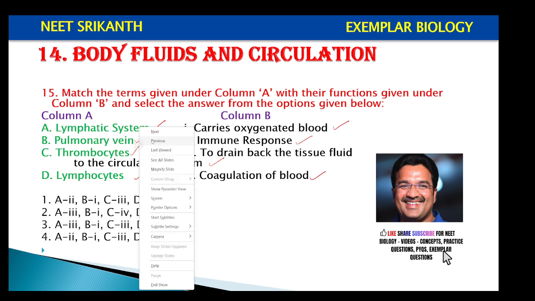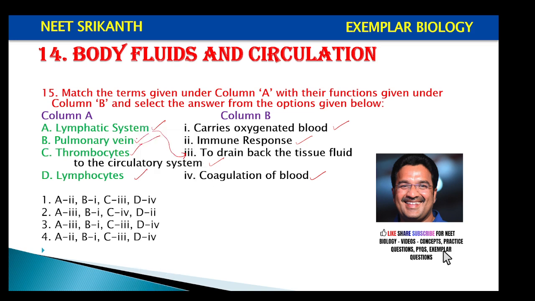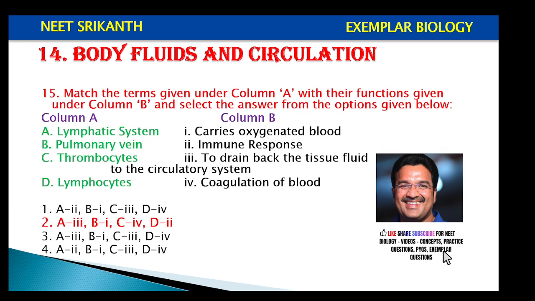Pulmonary vein carries the oxygenated blood, thrombocytes are for coagulation of the blood, and B and T lymphocytes are for immune response. So this is the match. Our answer is the second option.